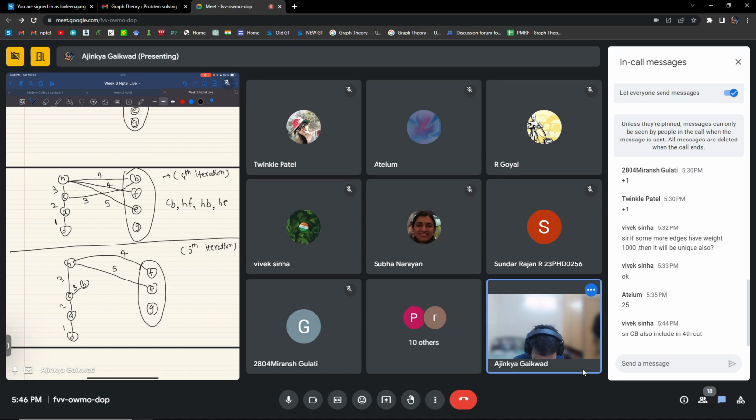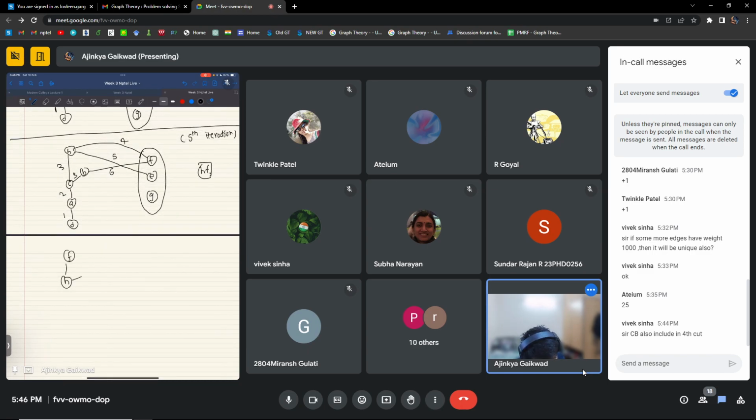Then BF is here, which is of weight 6. So this is the fifth iteration. And what is the edge that I will add to my minimum spanning tree? Well, HF. This is the smaller one. So let's add HF.